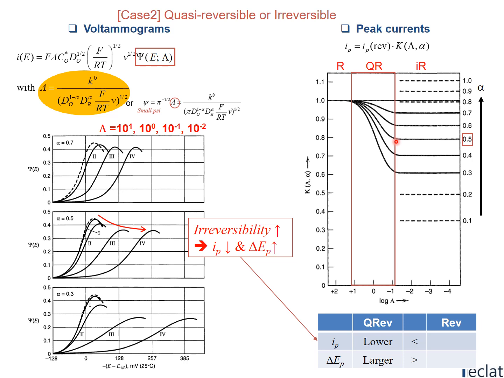Then after a specific value, in this case 0.1 or something, the current ratio saturates at about 80% for the case of alpha equal to 0.5. So what we obtained from these curves is that the peak current would decrease as the irreversibility increases. It is a very important point.